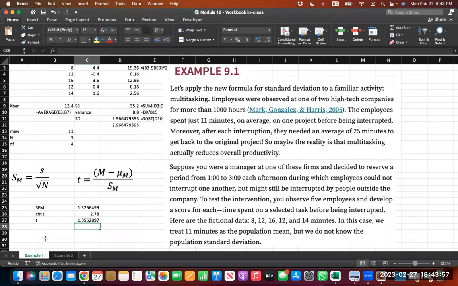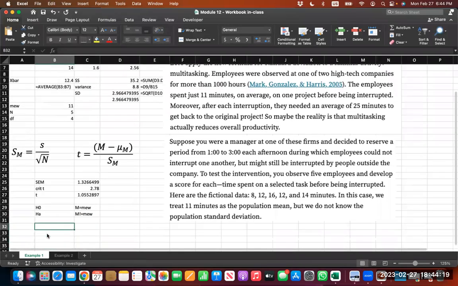The null hypothesis, which I should have stated before, is H0: M or X bar equals mu, where HA is M not equals mu. And now we're not rejecting the mu because it's not exceeding our critical threshold.